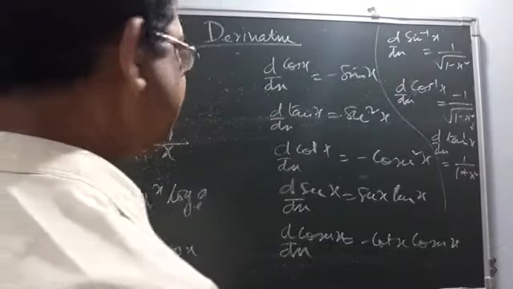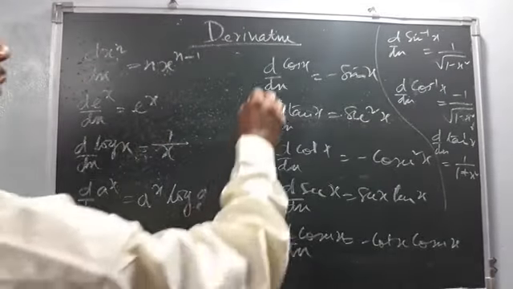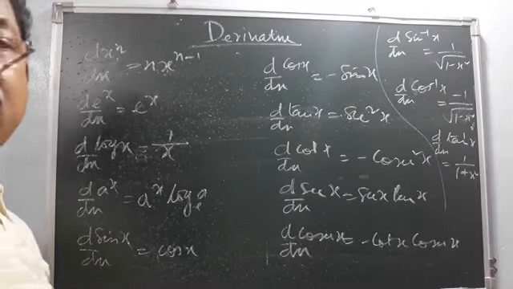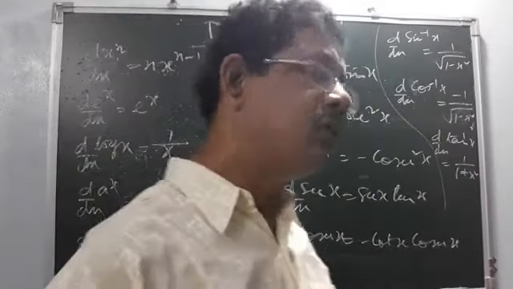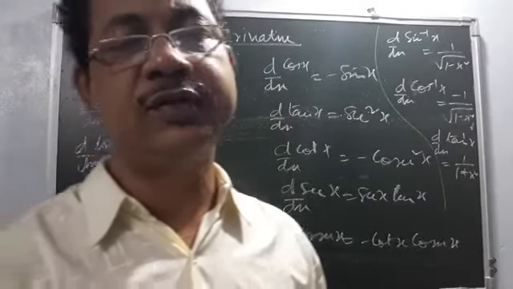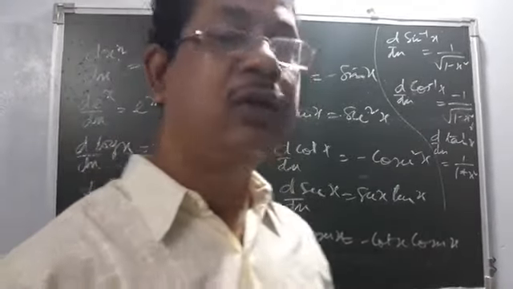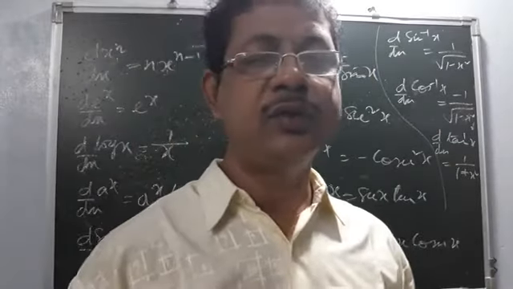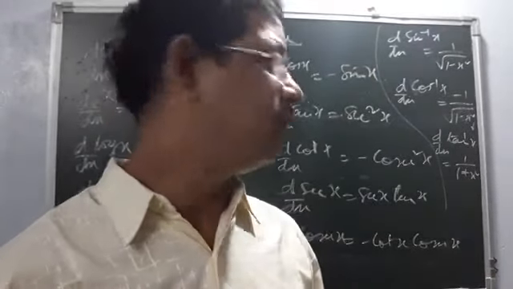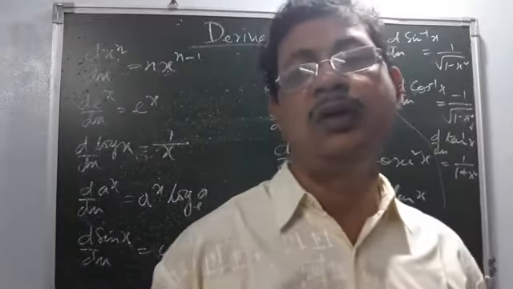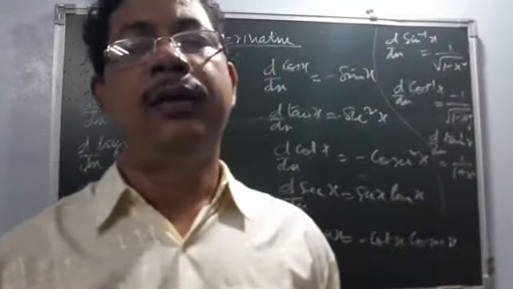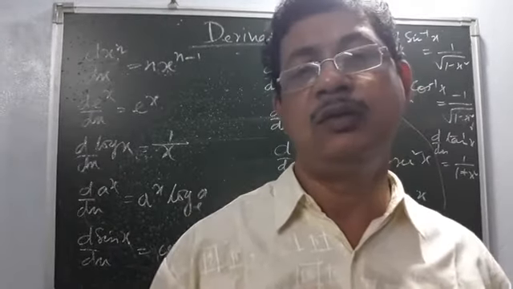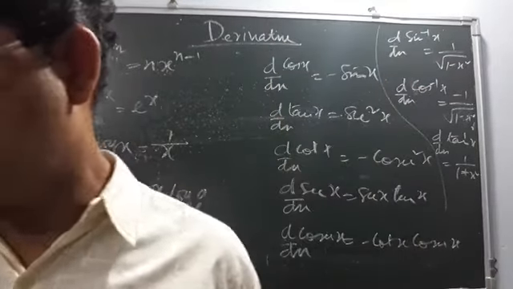Then differentiation of cot inverse x is minus 1 by 1 plus x square. Differentiation of sec inverse x is 1 by x into root over x square minus 1. Cosec inverse derivative is minus 1 by x root over x square minus 1.